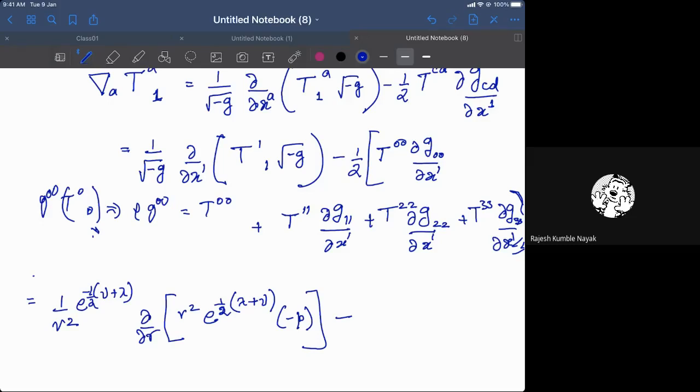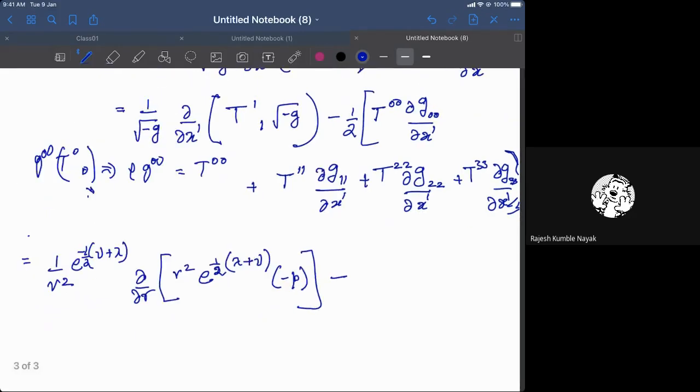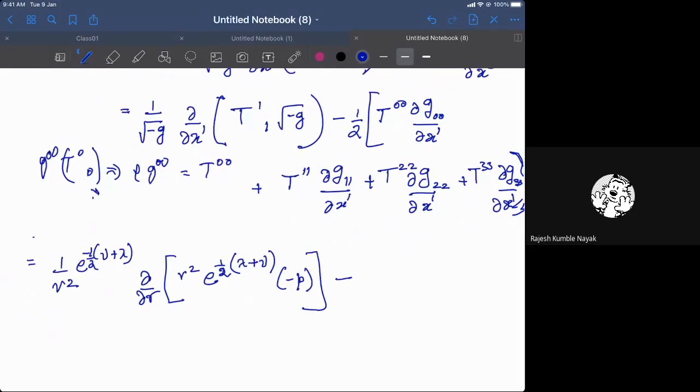So in the same way you can calculate for everything, and the expression which you get would be half into nu prime plus the three terms would have very similar things. The first one you would get from g_{00}, and then this term would have a half lambda prime p.